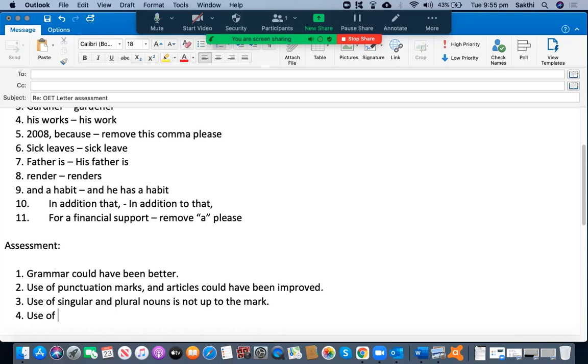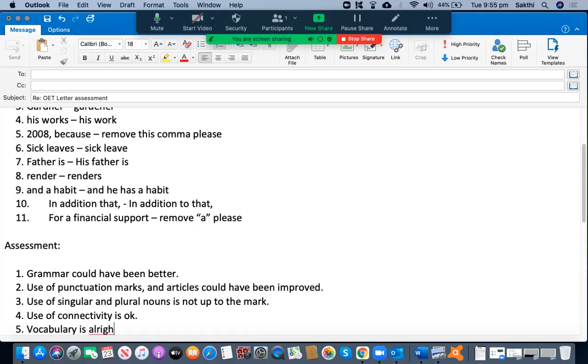Okay. Use of connectivity is okay. You're able to use all the connecting phrases, that's all right, but some of the connecting phrases weren't used properly, so that's not good. And apart from that, vocabulary is all right.